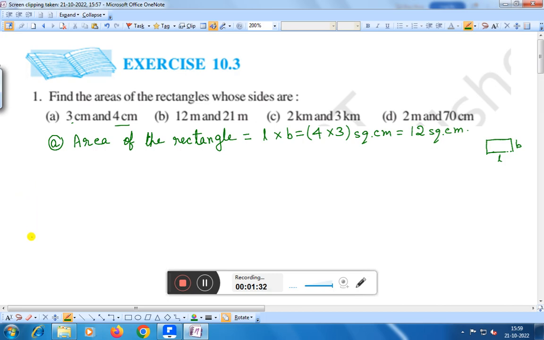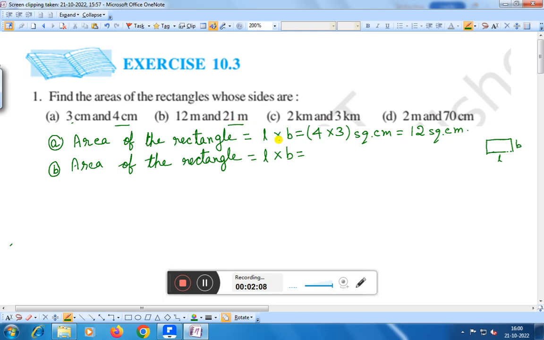Now question number B. Area of the rectangle is equal to length into breadth, that is L into B. What is the length?